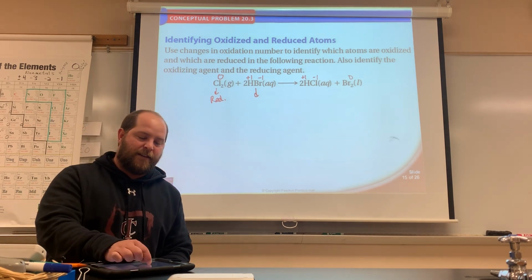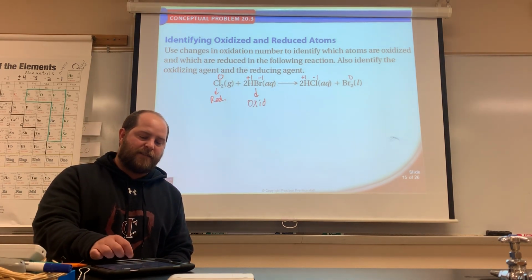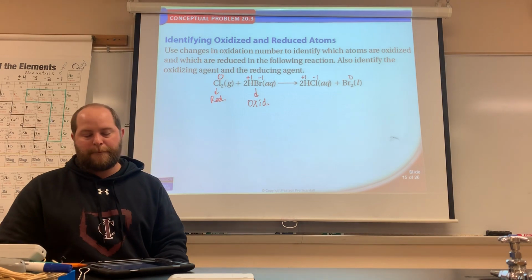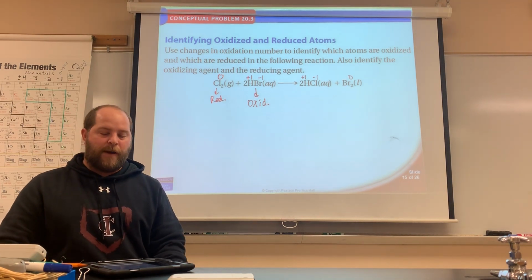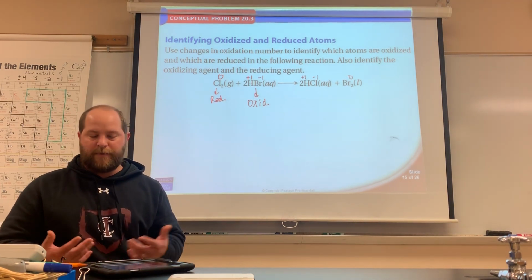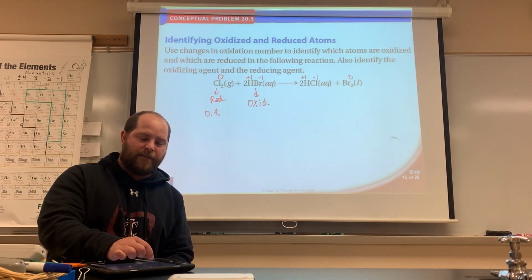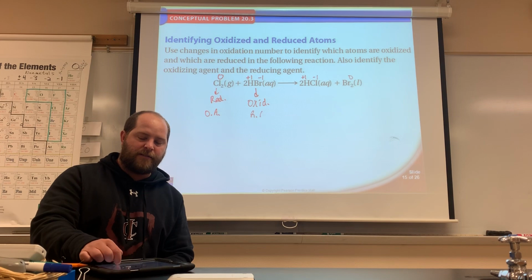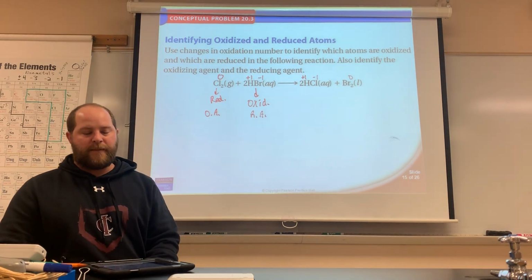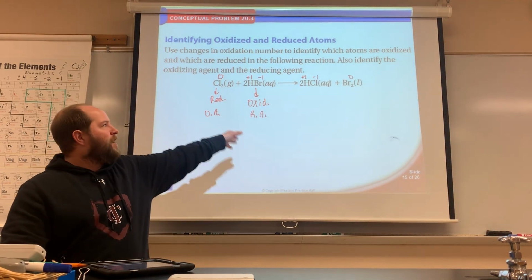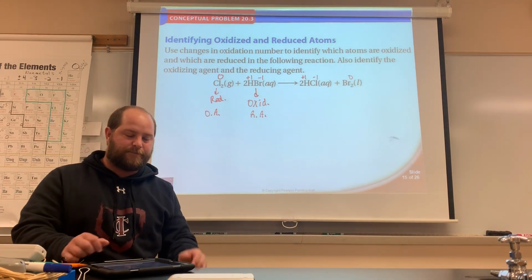Hopefully you guys can see that it is oxidized because it lost those electrons. Okay, so now we've picked out what's being reduced, what's being oxidized. It's pretty simple to do the other part, because if you remember right, you just flip the terminology here. So that's going to be the oxidizing agent, that's going to be the reducing agent.